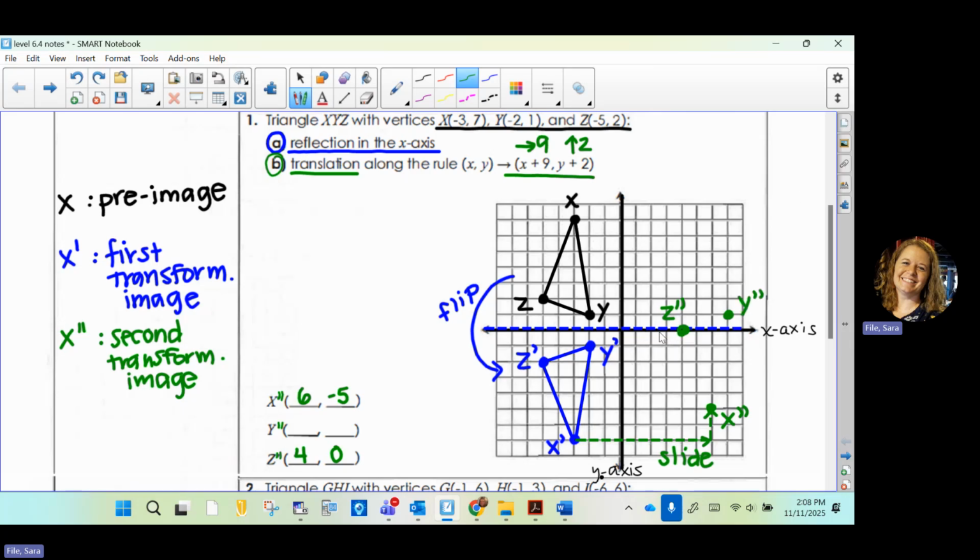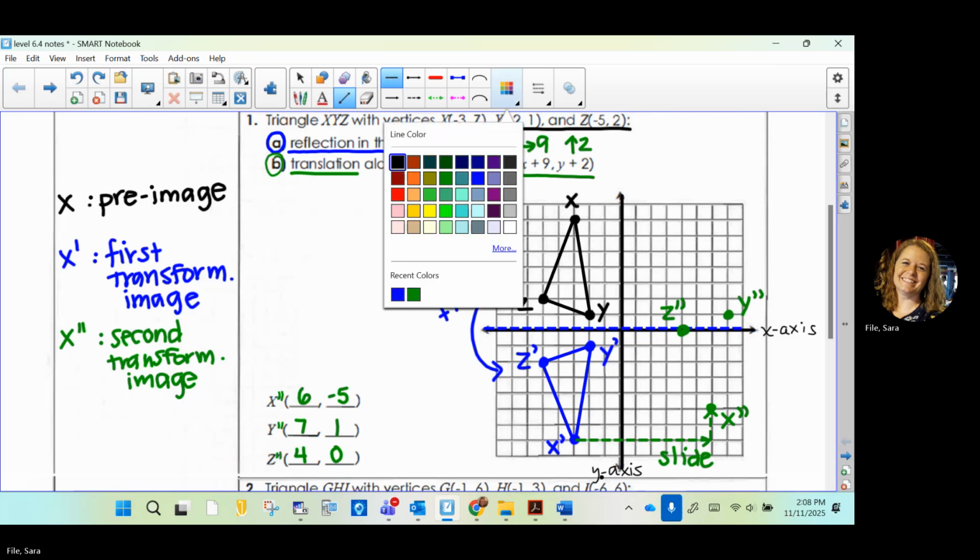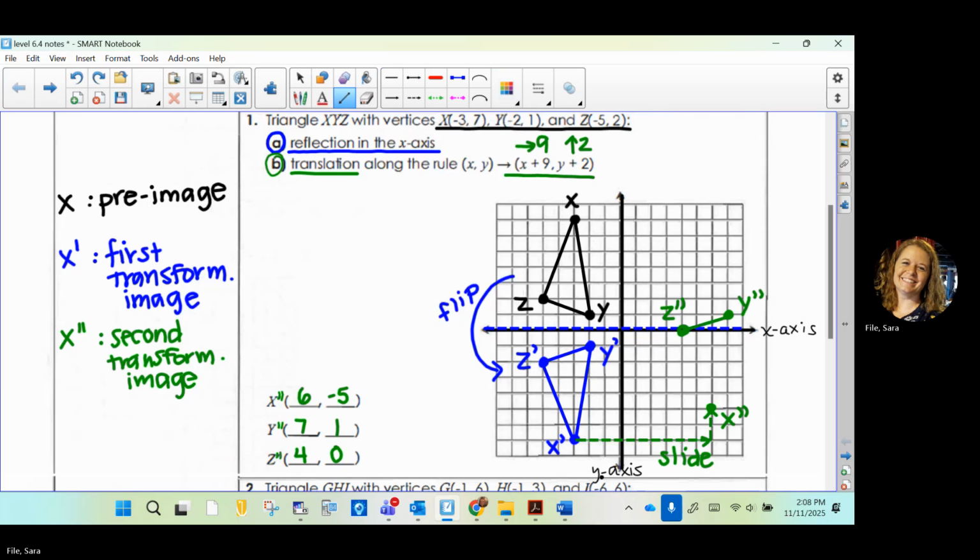And that point is at (7, 1). So there is where your triangle ends up after a flip over the x-axis and a slide right 9 up 2.